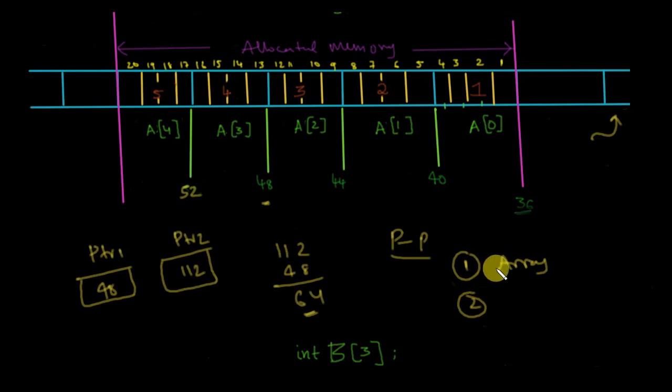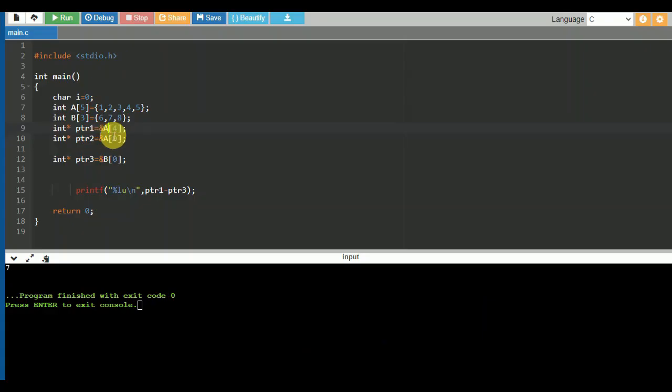Again, both should be the same type and same array, okay? Pointer one has the address of A4, pointer two has the address of b0, and you subtract, the answer is 7, right? So it doesn't make any sense, okay, because they are different arrays and how much distant apart from each other practically doesn't have any use.